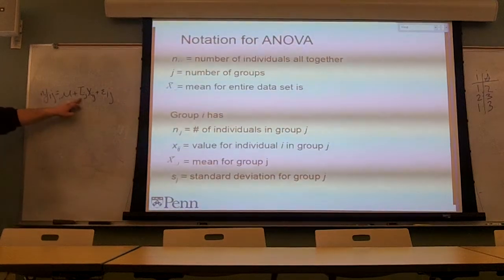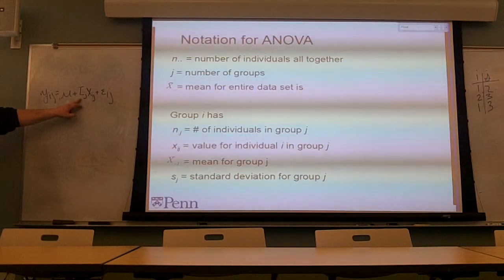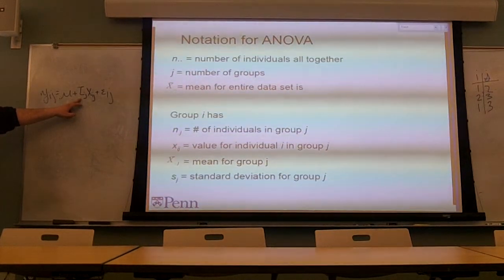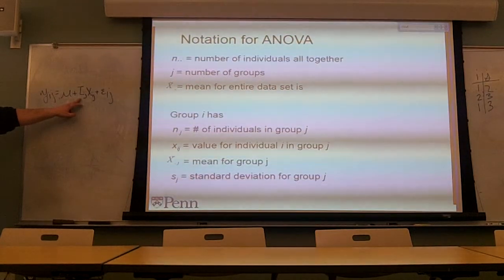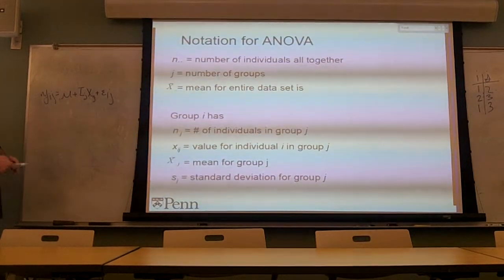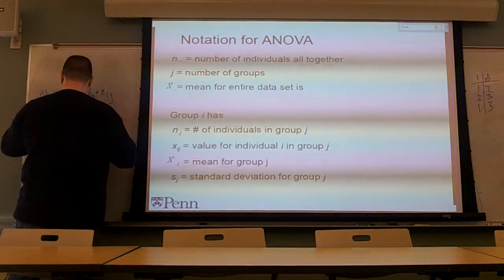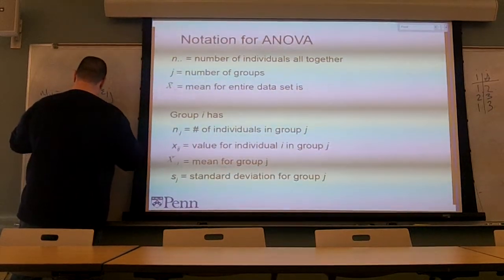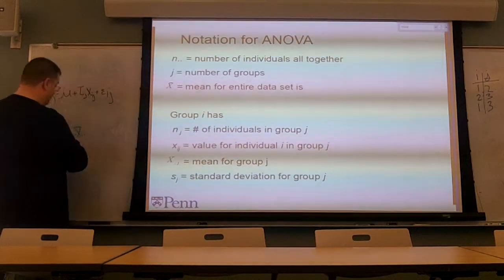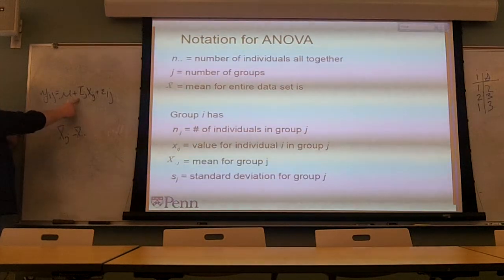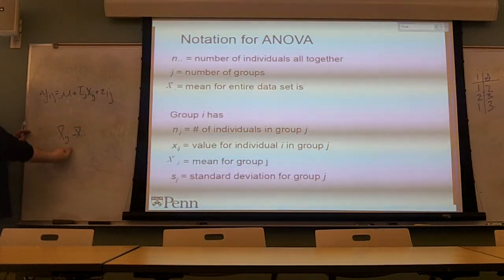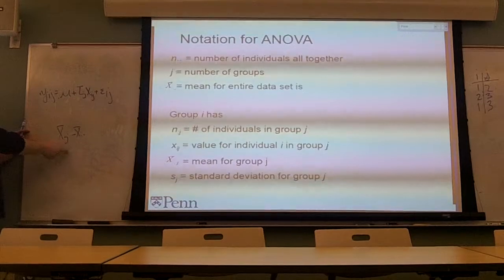And this is the Greek letter tau. I use the Greek letter tau to represent a treatment effect. Right? So if I were to write this down again, treatment effects are deviates from the grand mean.